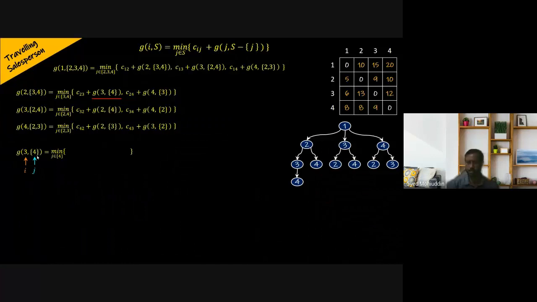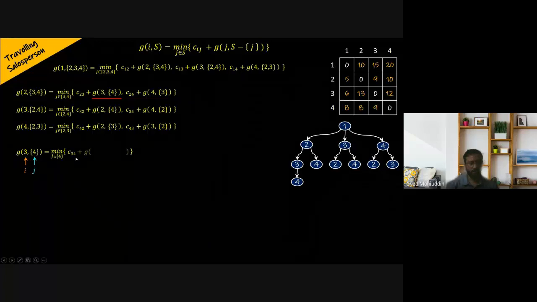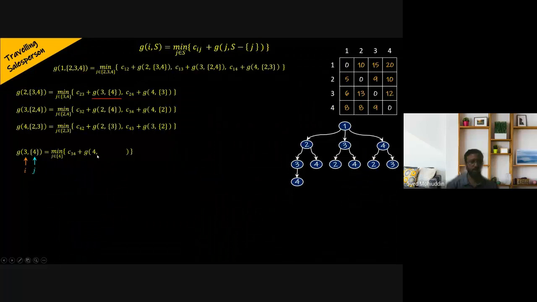That is what is left, because we visited the rest of the other vertices on the path and that is the only vertex left. So it will be the cost of the edge between 3 and 4, plus G of 4, because J is 4 now and S is S minus J. J is also 4. So this will reduce to cost of 3, 4 plus G of 4 comma the difference of these two sets, which will be a null set.